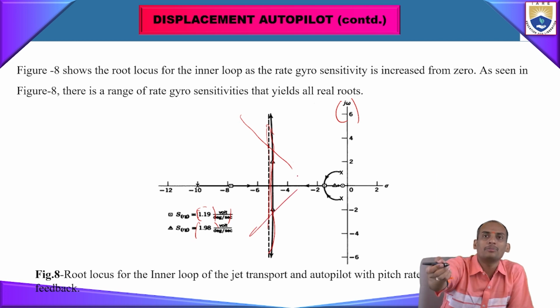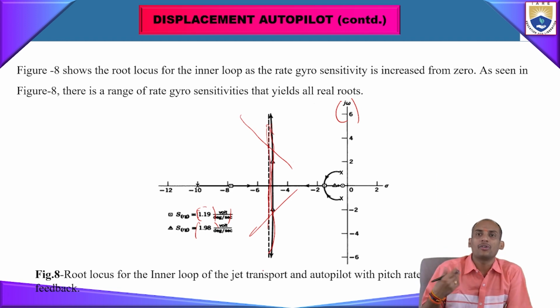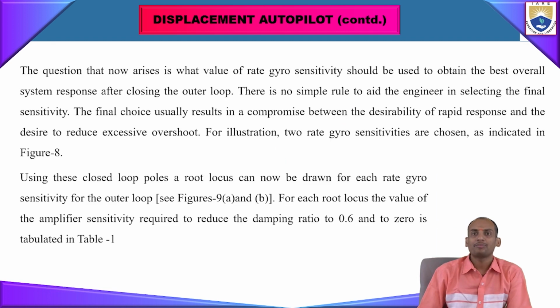Linear values mean what? When the value is increasing, the response also increases. But here you see that the response is almost constant only. Since it's a curved function it won't be exactly constant, but the response between the values is very small. So the question now arises which rate gyro sensitivity should be used to obtain the best overall system response after closing the outer loop.